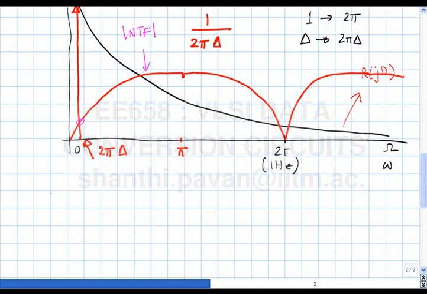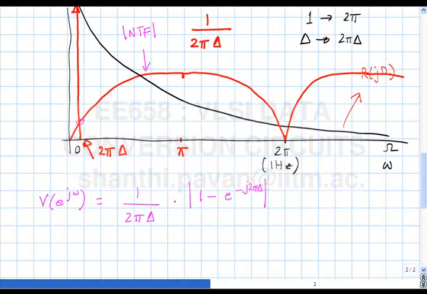So V of e to the j omega is nothing but the amplitude of the discrete time sinusoid at the input, which happens to be 1 over 2 pi delta, times 1 minus e to the minus j omega, where omega is 2 pi delta. Does it make sense?